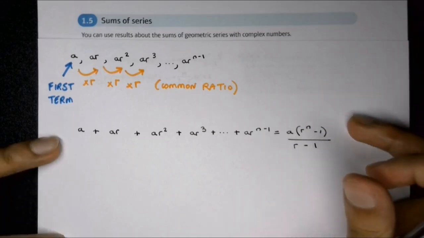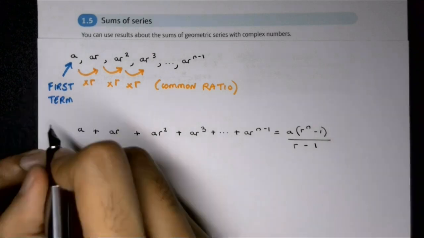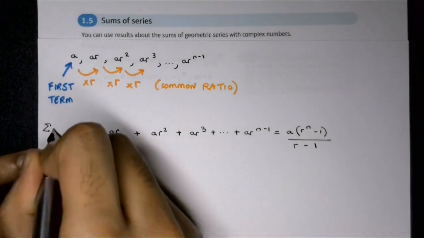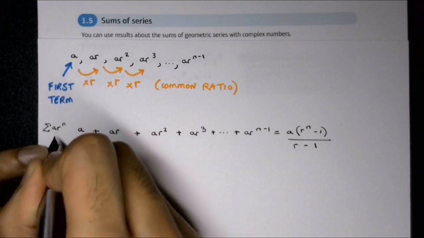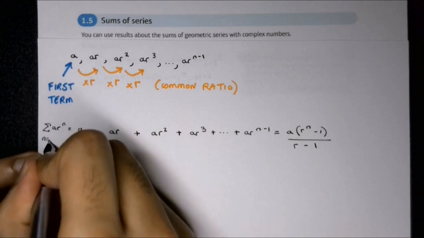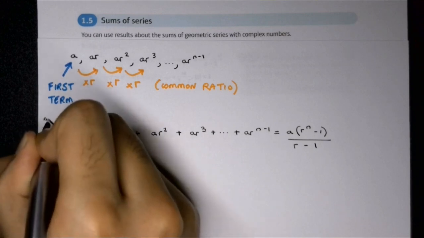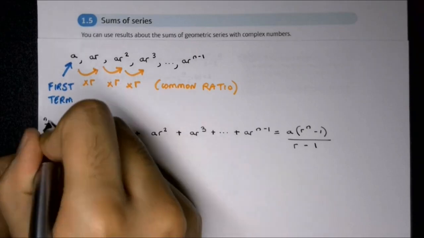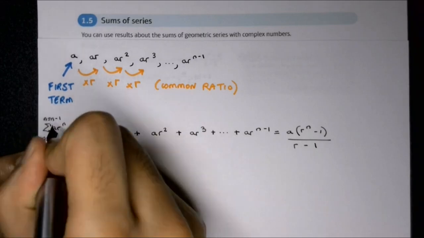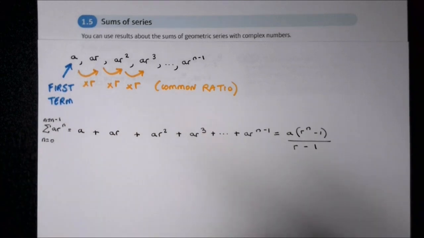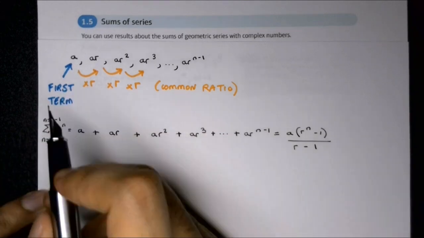So what exactly are we doing over here? Well, hopefully you can see here we're summing ar to the power of n from n equals 0 to n equals n minus 1. And this makes perfect sense, doesn't it?